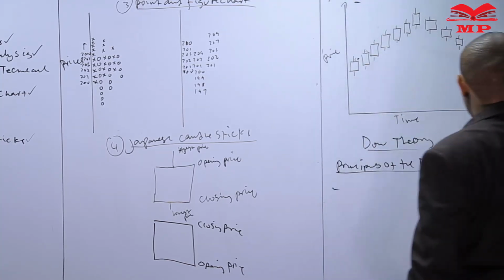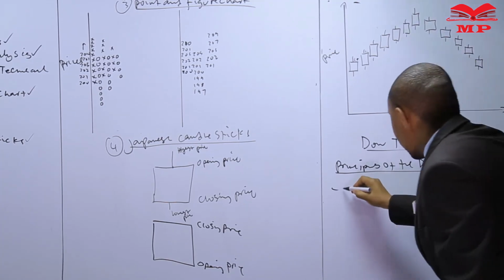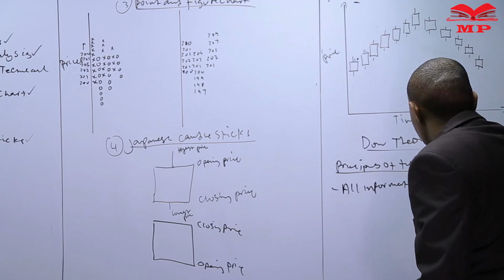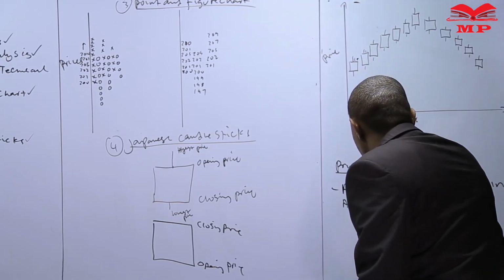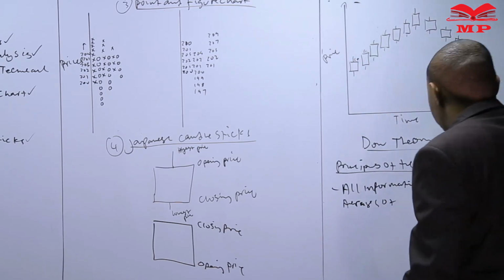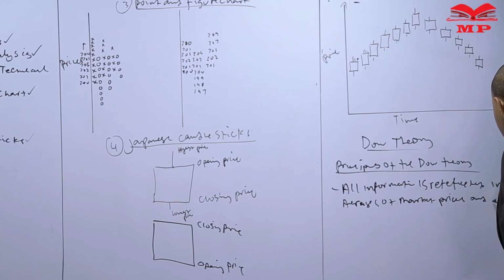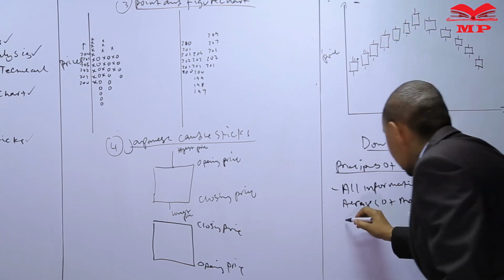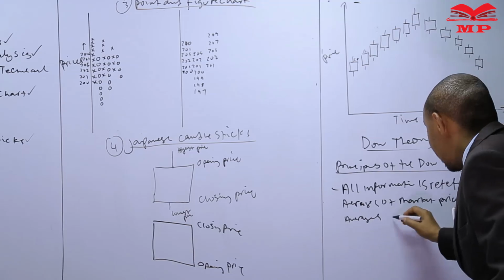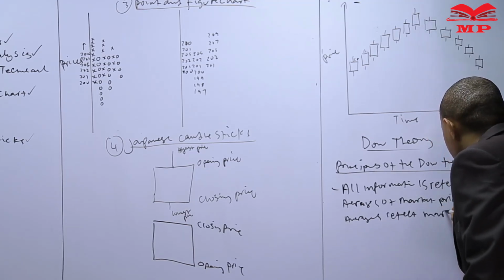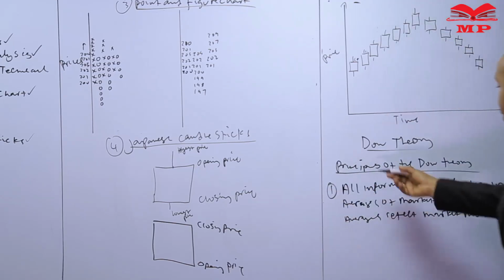Number one, all information is reflected in the averages of market prices, and those averages reflect market movements. That is the first principle.